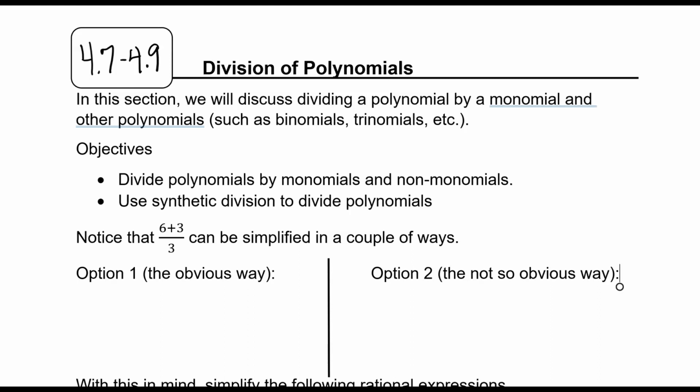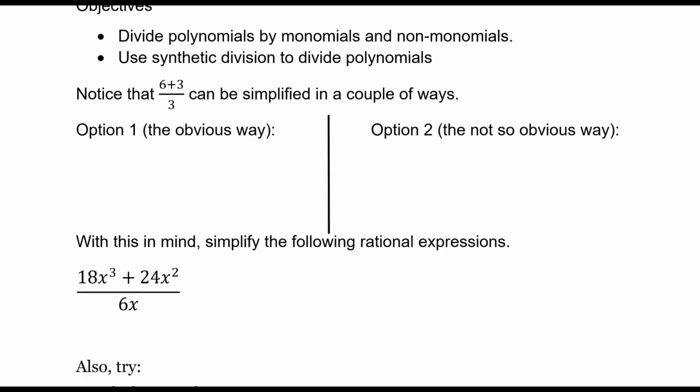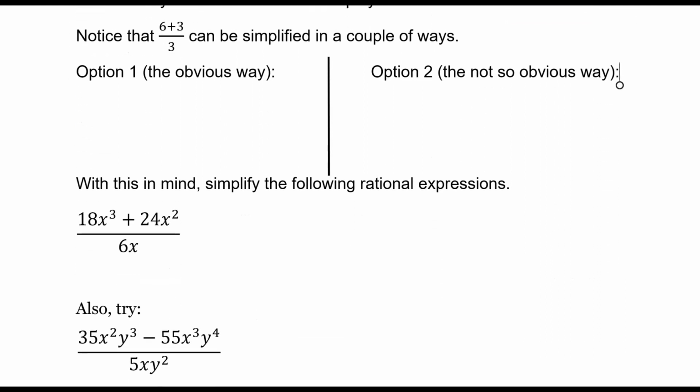So let's get started with our first example, this 6 plus 3 over 3. Well, one way that we can simplify 6 plus 3 over 3 is we can add 6 plus 3, which is 9, and divide it by 3 to get 3.